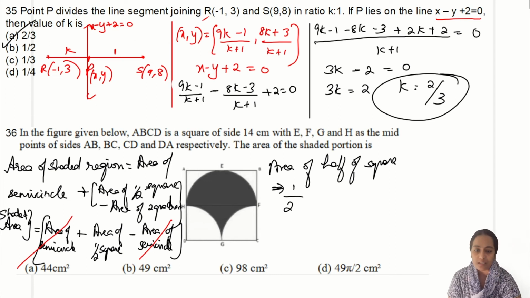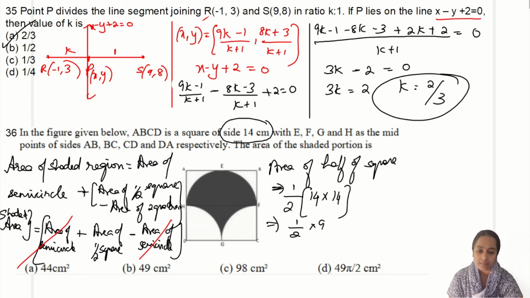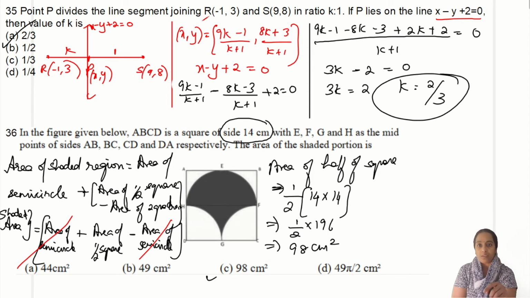The side of the square is given in the question, 14 into 14. Area is going to be 14 into 14, half of that. So it's half of 196, which will be 98 centimeters square.